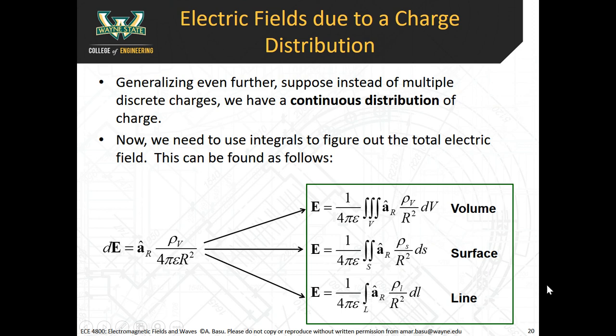If it's a surface charge density, we can do a double integral, which adds up all the contributions from all the charges on the surface, or a line integral, which is what we're going to do an example of, where we're adding up all the contributions along a line, or one dimension.